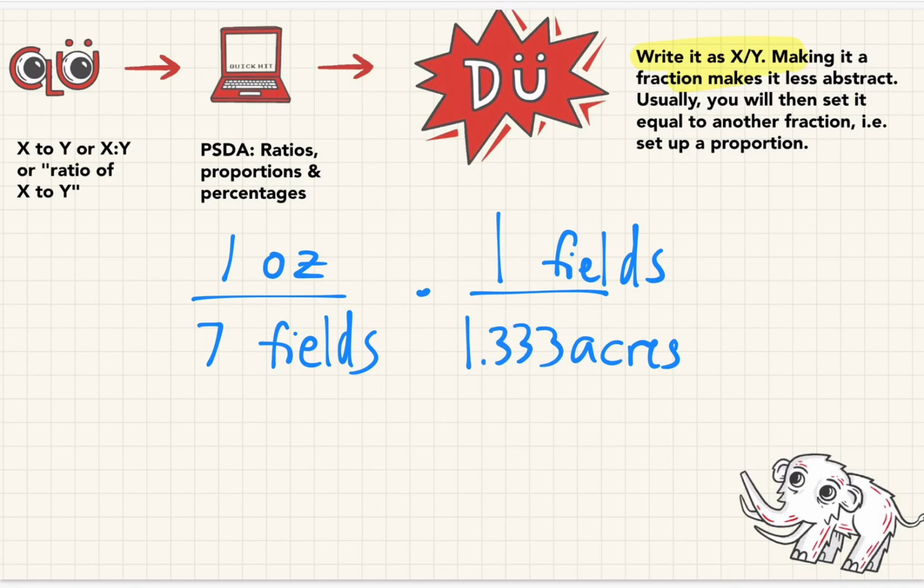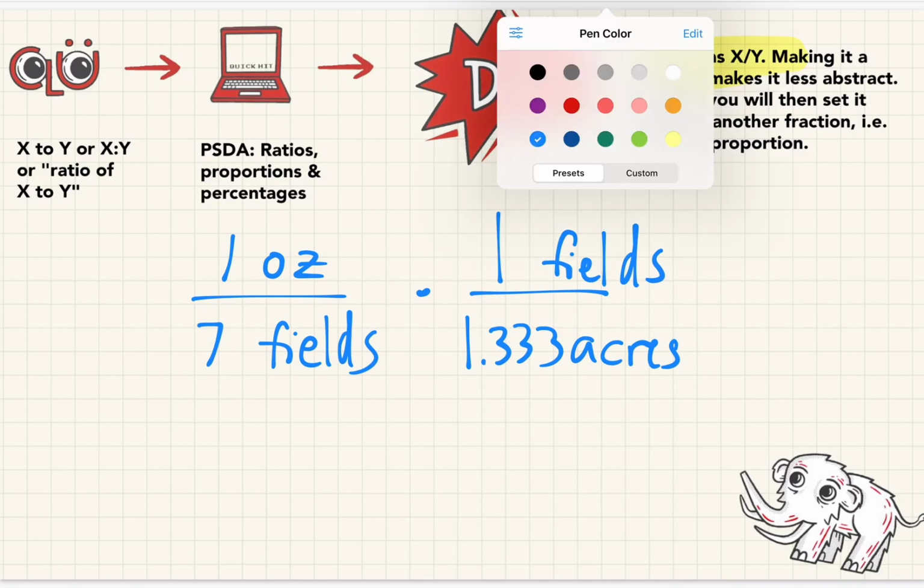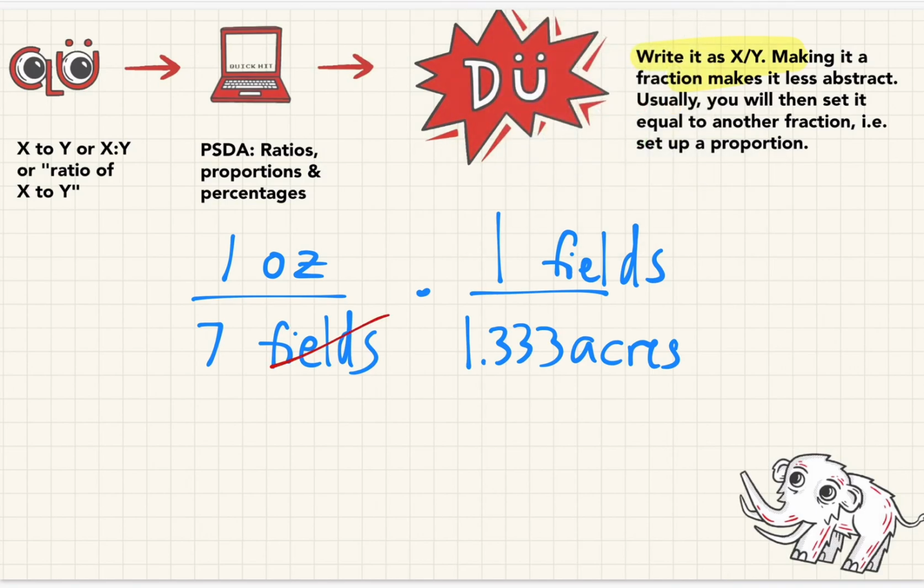Remember, this is the calculator section, so we can do that. And now we do some canceling. Fields cancels. 1 times 1 is 1. On my trusty calculator, I'm going to do 7 times 1.333, and I get 9.333 acres. So 1 ounce covers that many acres.